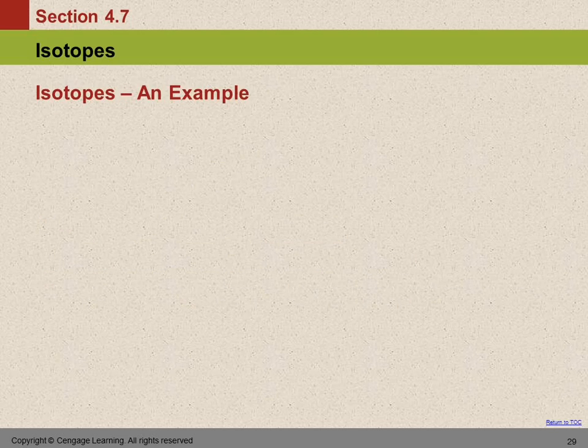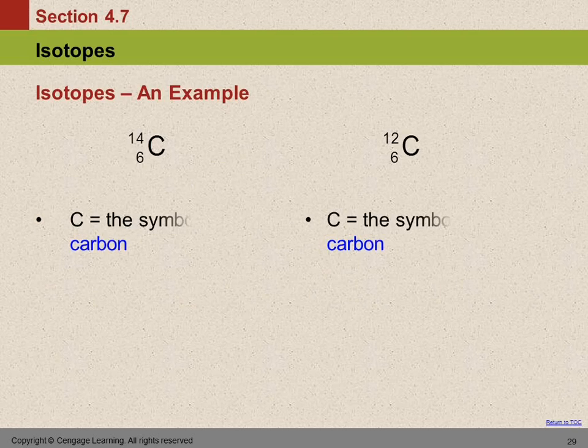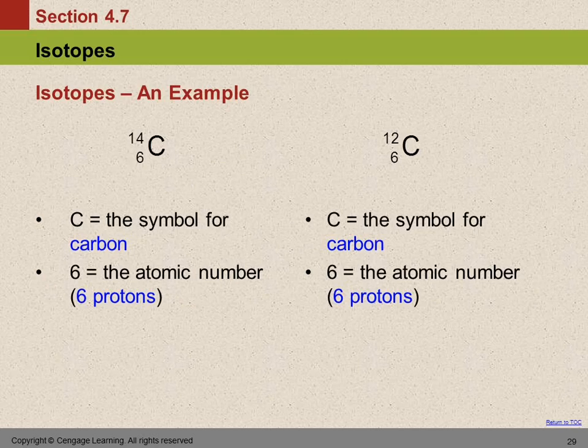So let's look at an example of this. So here we have carbon 14 and carbon 12. C is the symbol for carbon. It's the same on both sides. 6 is the atomic number. On the periodic table, carbon 6 protons. So both of these isotopes of carbon have 6 protons. The difference is in the neutrons.